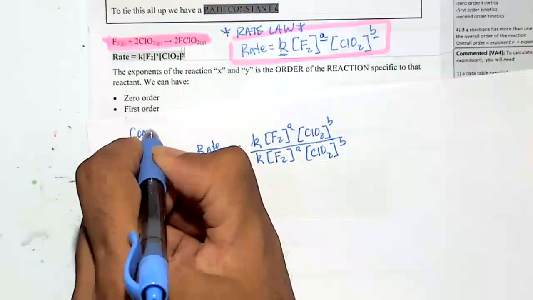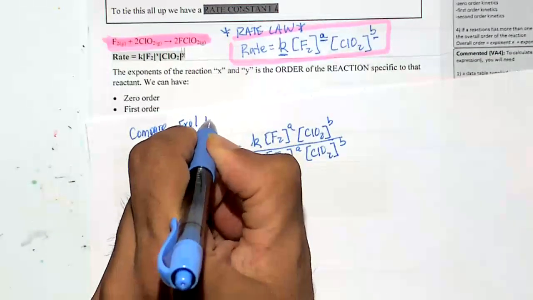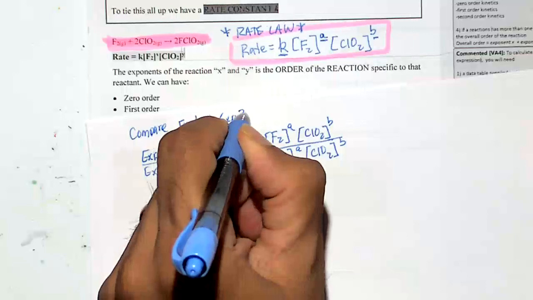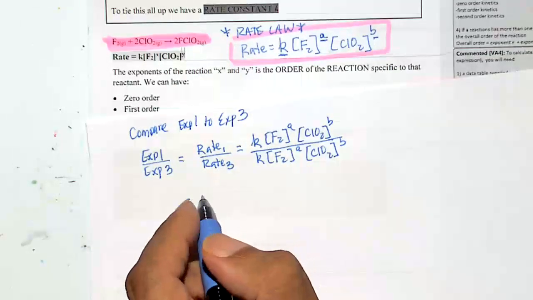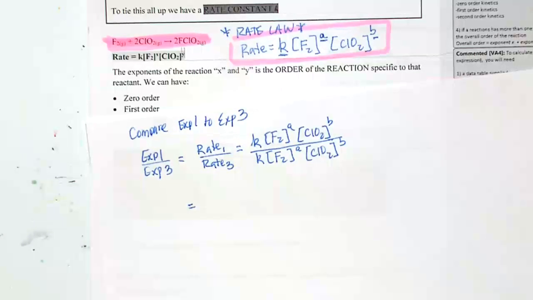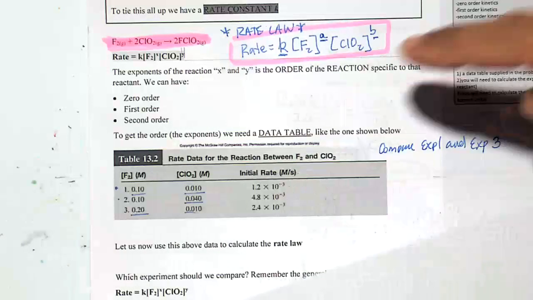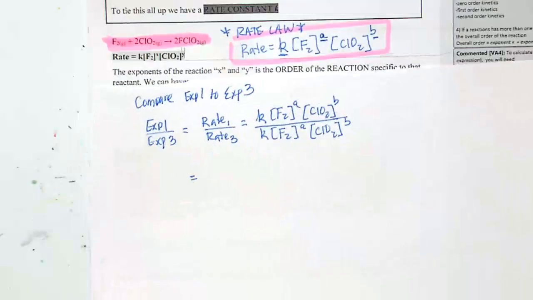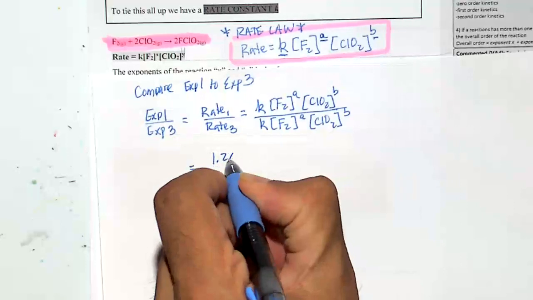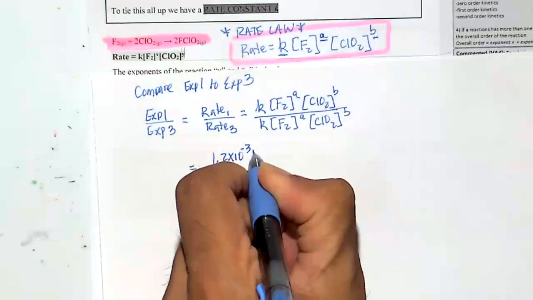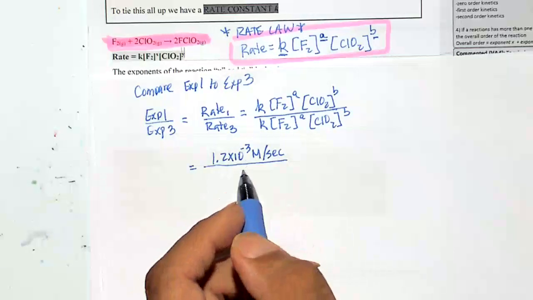Okay, comparing experiment 1 with experiment 3. All right, what was rate 1 for experiment 1? Can you tell me, Asia? 1.2 times 10 to the minus 3 molarity over seconds.